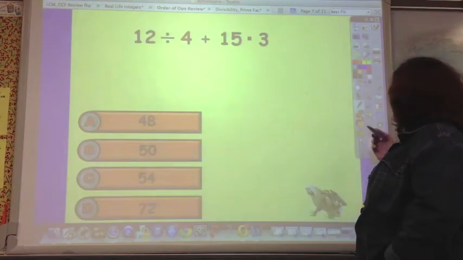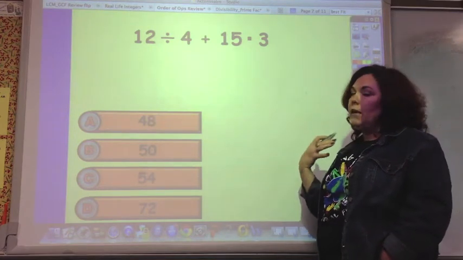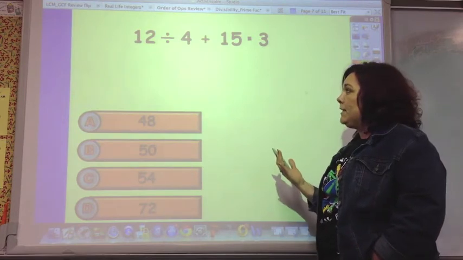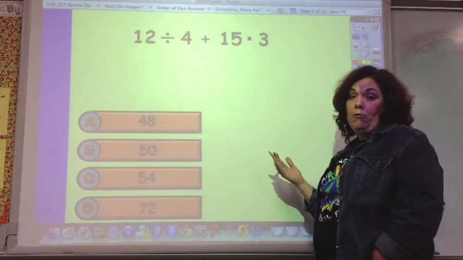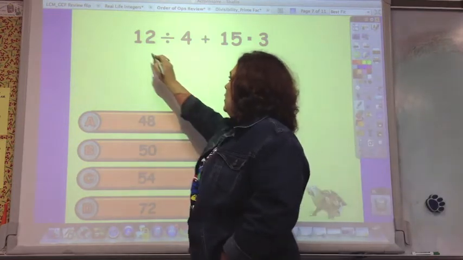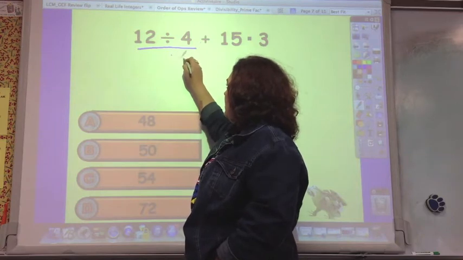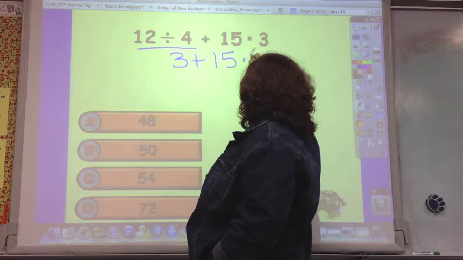Whenever I'm doing this, I make sure I look first. I say there are no parentheses, there are no exponents. So now multiply and divide. Well, I see both, but I'm going to start left to right. So left to right, this 12 divided by 4 is 3. And I'm going to rewrite this whole thing.